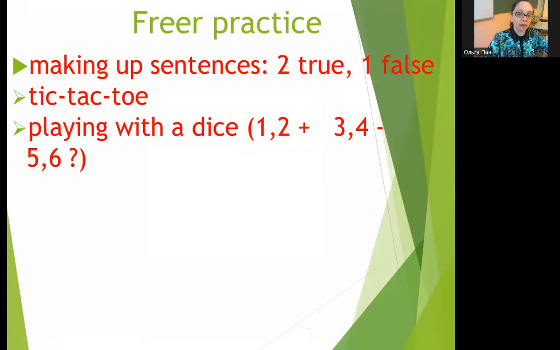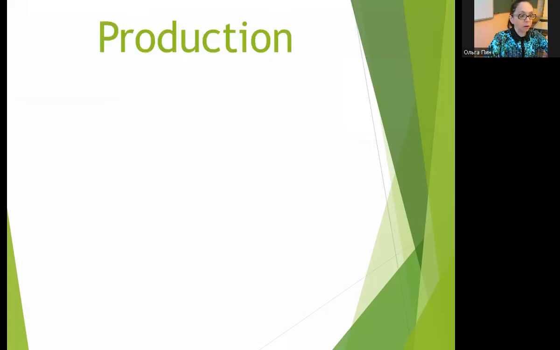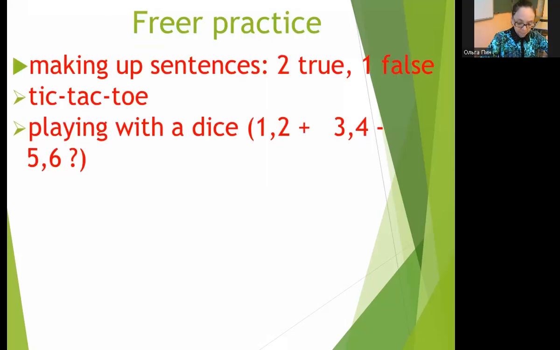For example, 1, present perfect statement. 2, present perfect continuous statement. 3, present perfect negative. 4, present perfect continuous negative. 5, present perfect question. 6, present perfect continuous question, etc. And then you can also ask them to check each other's questions in terms of grammar.